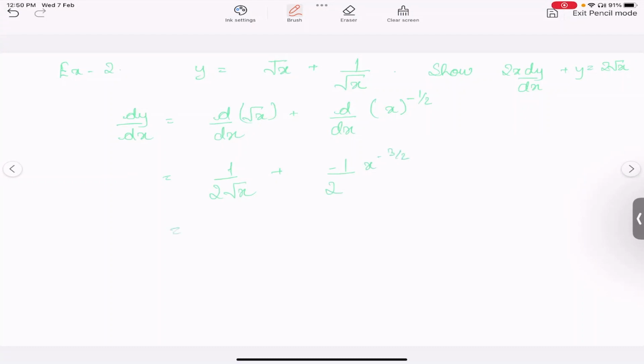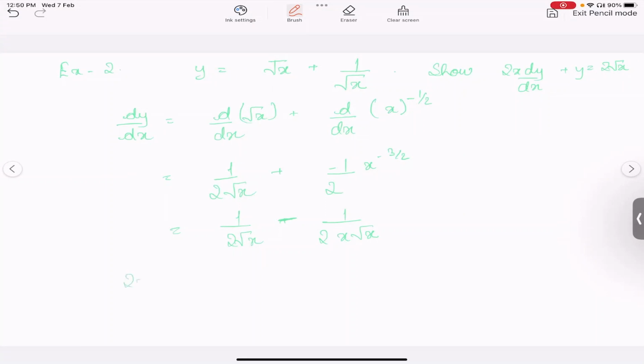That will be equal to 1 by 2 root x minus 1 by 2x square root of x. Now the question says we have to prove this thing.